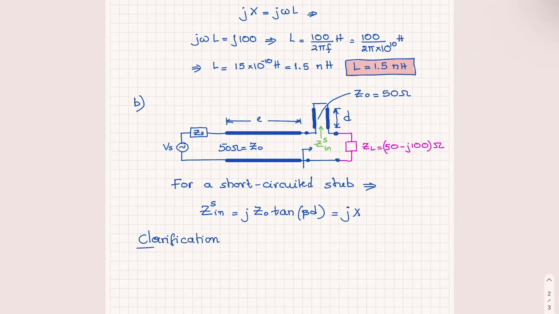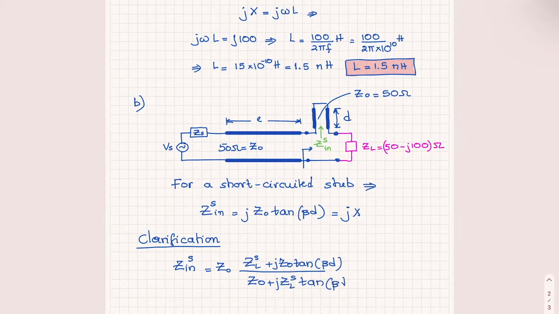I don't want you to prove it, but this Z in S is going to be Z naught for the stub times ZL for the stub plus j Z naught tangent beta D, over Z naught plus j ZL stub tangent beta D.